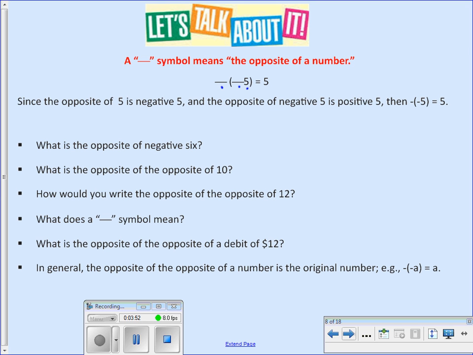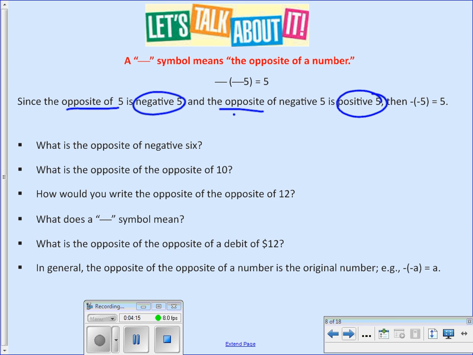Like you said, think of it as the two negatives canceling each other out. Okay, so we come back with 5. Please don't look at the clock, look at the board. So since the opposite of 5 is negative 5, the opposite of negative 5 is positive 5. So we had 5, negative 5, back to 5 again.